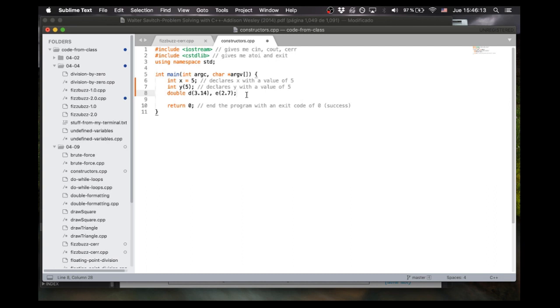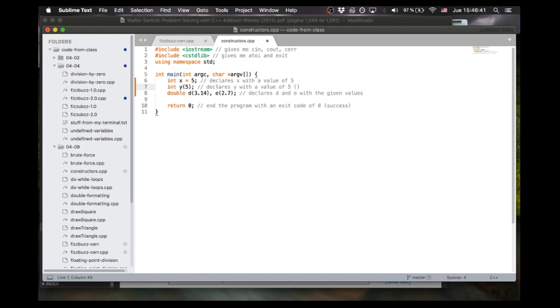And this is just a new type of syntax to both declare and initialize at the same time. And if you go further in your programming career, you'll be using things called constructors, and this will make more sense later, I promise. Declares d and e with the given values.